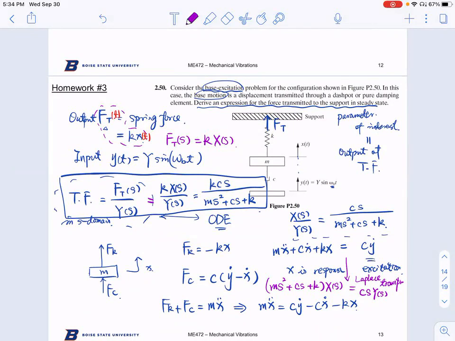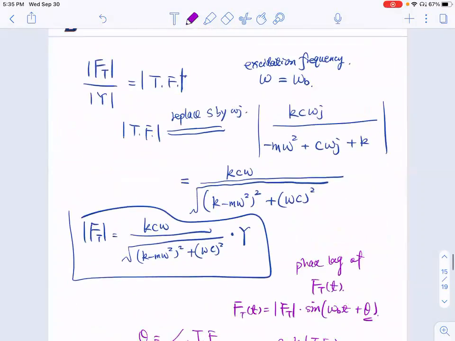We want to know the steady state response of the force. So that means F(t) is your output, but then you find out that F(t) is related to x, the displacement of the mass. Right, which we figured out was just going to be kx.